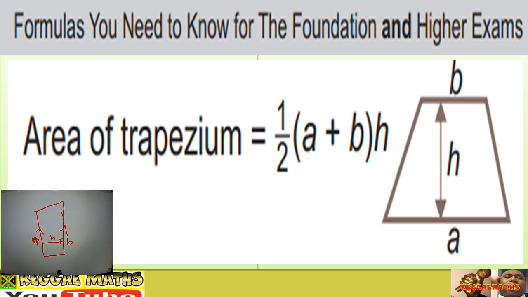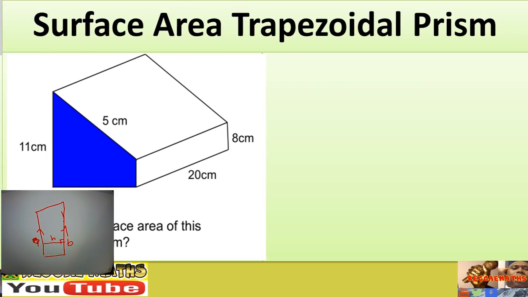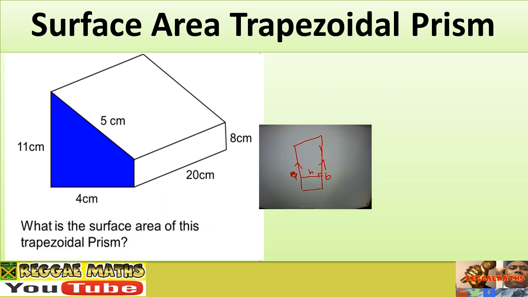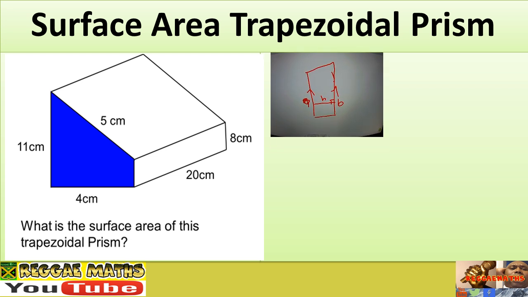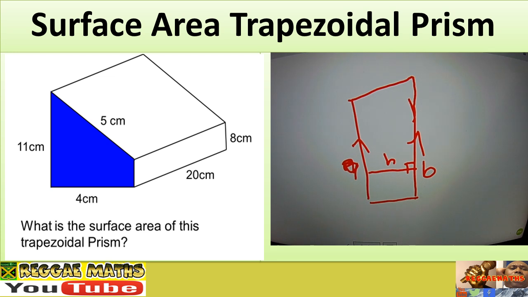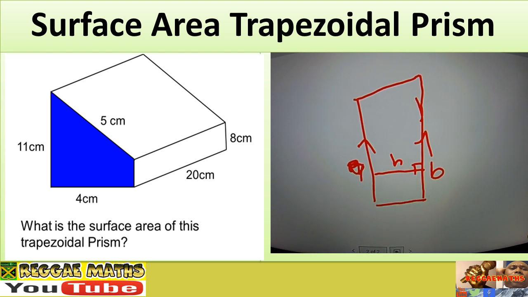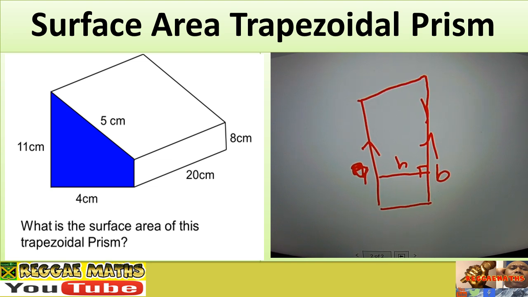So let's start working through some questions now. Last week I looked at surface area, so I've got here a question to work out the surface area of a trapezium prism. The first thing I'm going to ask myself is how many faces does this trapezium prism have?